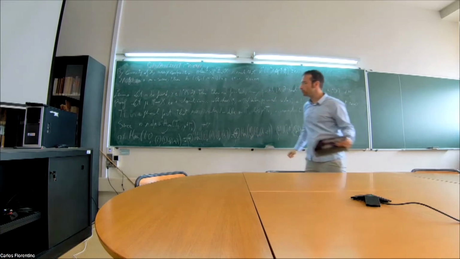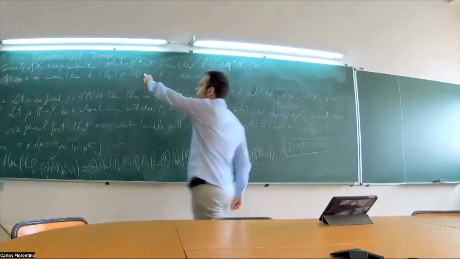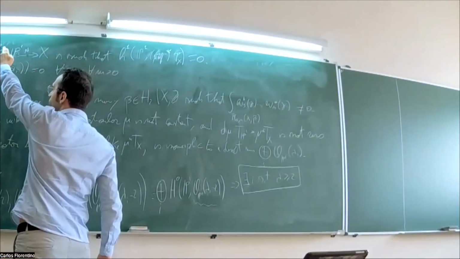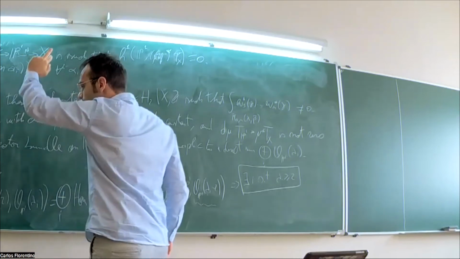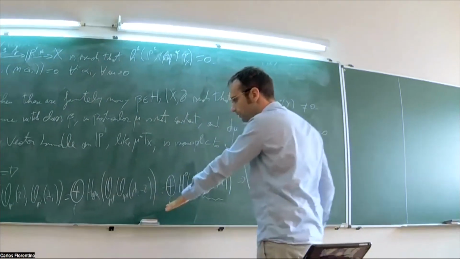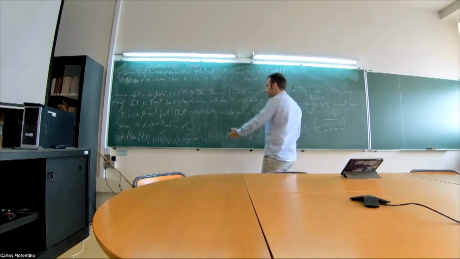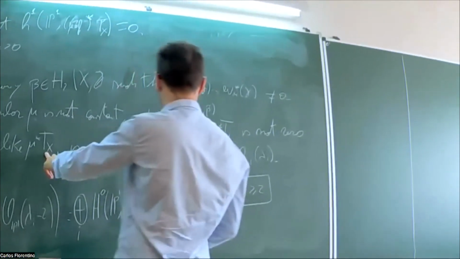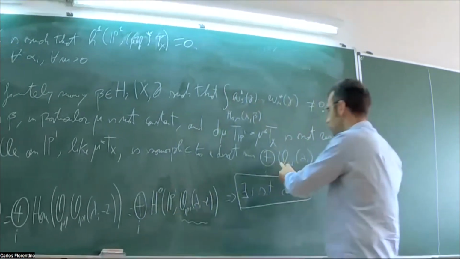What I'm doing here is, instead of considering mu, I consider the composition F composed with mu, and we can do the same as here. So what happens if mu star of the tangent space of X is this one?